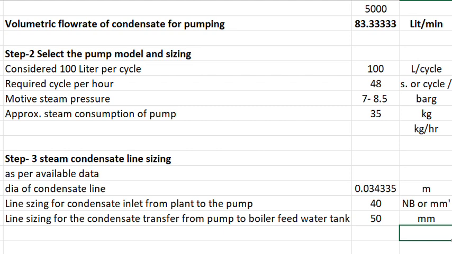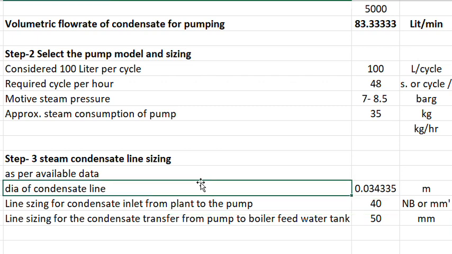The flash vessel is generally used to recover the steam and the condensate. Steam can be used for low pressure steam applications, and condensate can be transferred to the boiler feed water tank. Now we will see how the pump works with its working animation, so that you get a better idea about this.